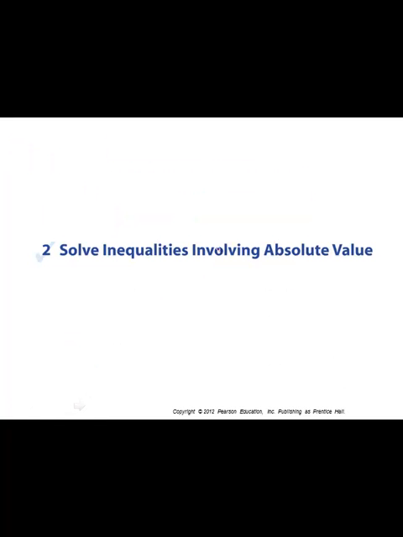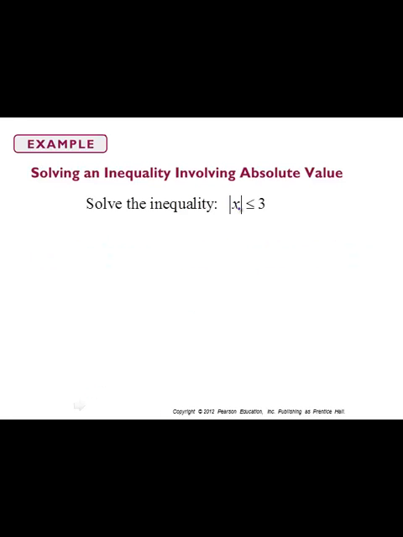Let's solve inequalities involving absolute values. All right? If I were to say that the absolute value of some number x is less than or equal to 3, all right, what could x be? Well, as long as the absolute value of x is less than or equal to 3, then we have solved the inequality.